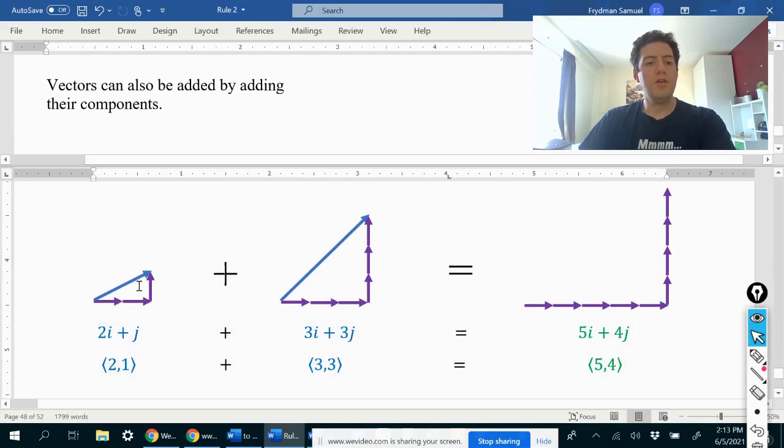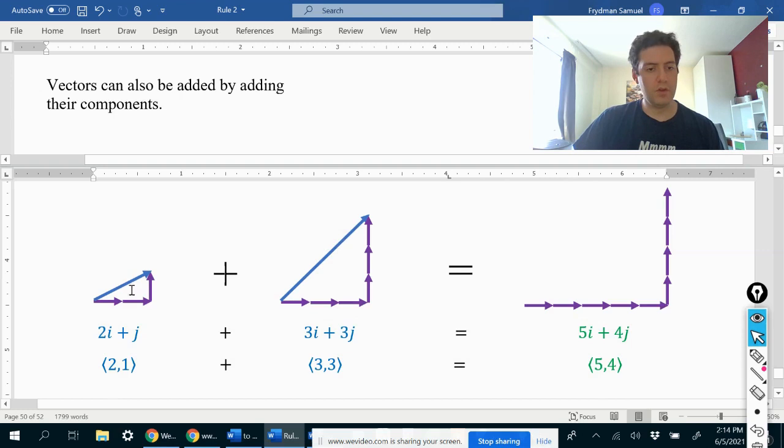Okay, so here I have a vector 2i plus j, or using the angle bracket notation 2, 1, and I want to add this vector together with this vector, and this vector is 3i plus 3j, or in the angle bracket notation 3, 3. Okay, what would the result be if I added this vector and this vector together?